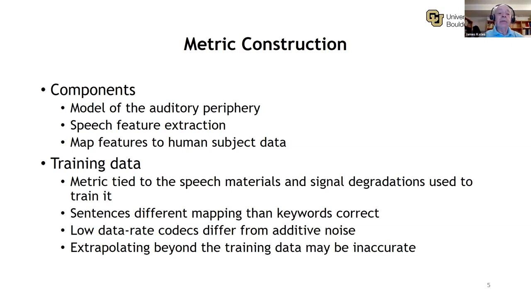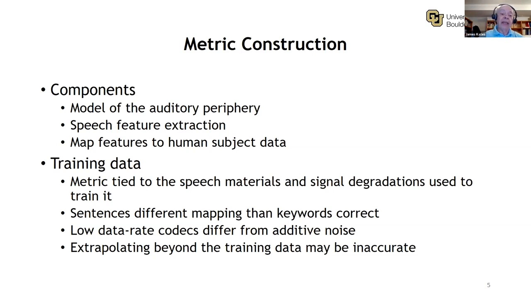But in general, we're going to have a model of the auditory periphery. It may be as simple as a filter bank, or it may be more complex. We're then going to extract aspects of the output of our model that we believe are related to speech intelligibility and/or speech quality.